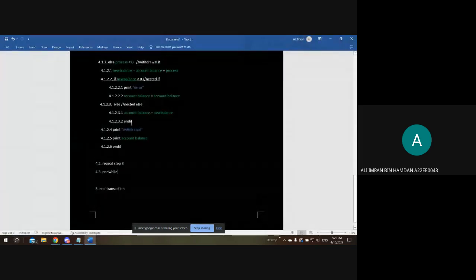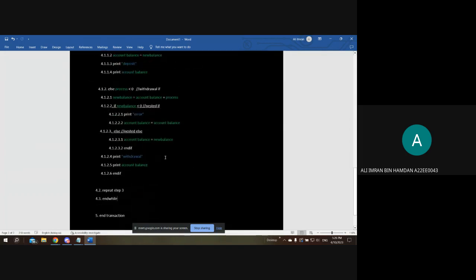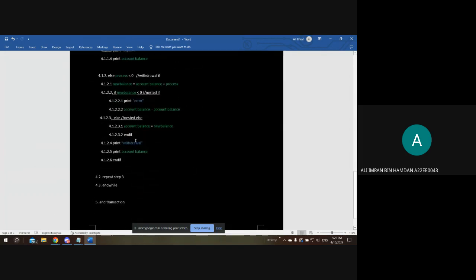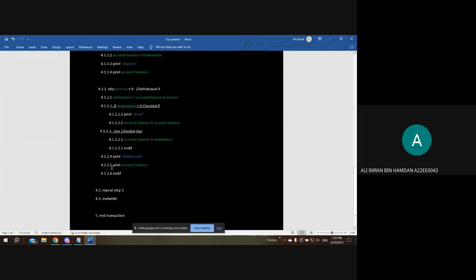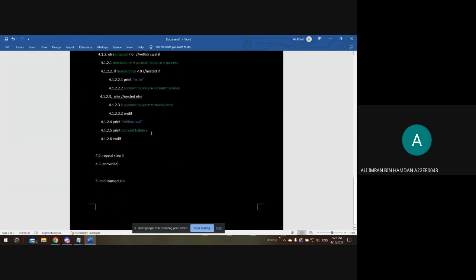So account balance equals the new balance that was just subtracted over here, and set that as the new account balance. And that's the end if. And of course print withdrawal and print the account balance, the new account balance for the withdrawal process.